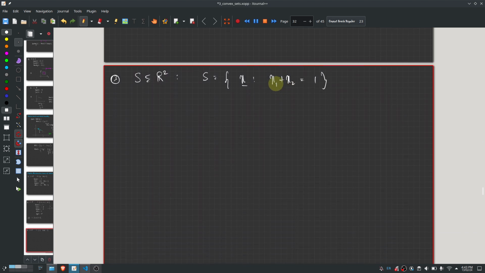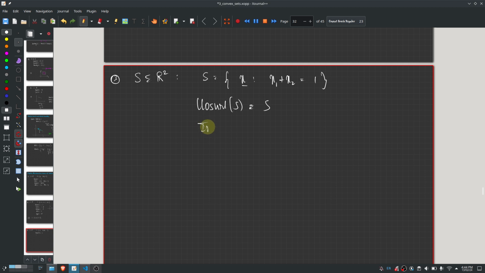Okay, what about this example? The closure of S is S itself.